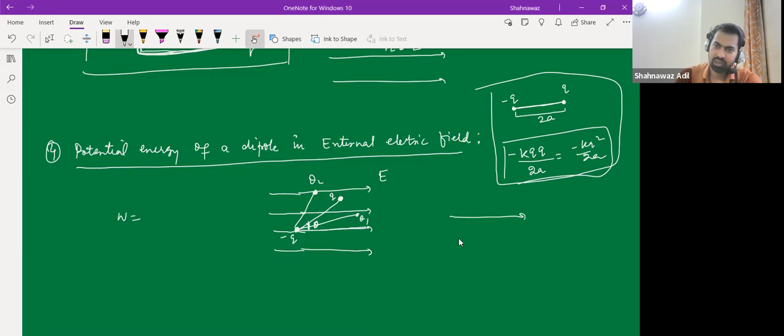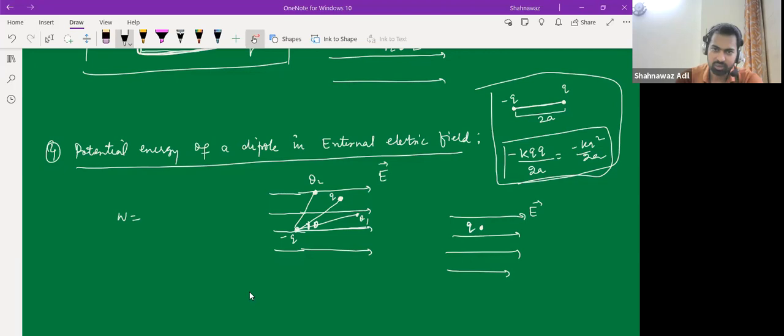So I am asking that if I have this electric field, right? I have this electric field and I have put some charge in here. So what would be the force on this charge? We have done so many calculations based on this concept. QE, right?